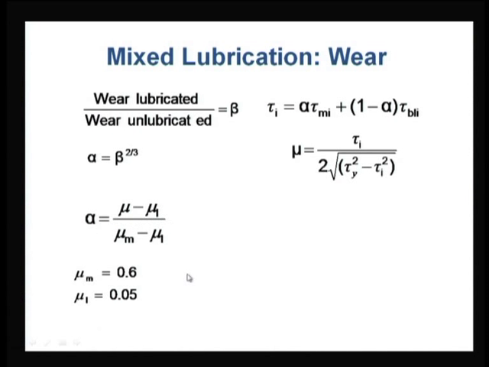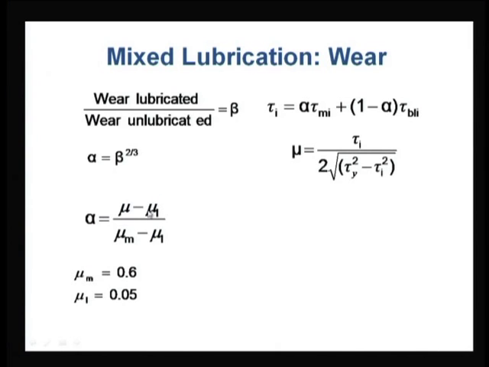We know this alpha will be statistical, and then we can find out the mean value from that. If I know mu under lubricated condition, mu in the absence of lubricant, and mu under the normal condition in which we are operating. We are talking about mixed lubrication, where liquid lubricant will be there to separate the asperities, and some sort of metal to metal contact will also be there.